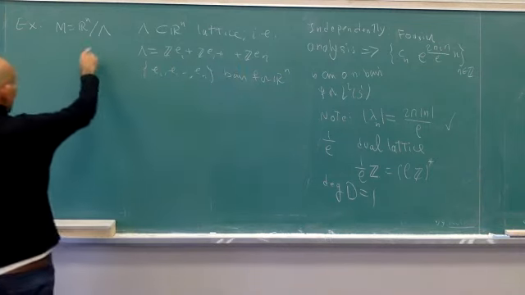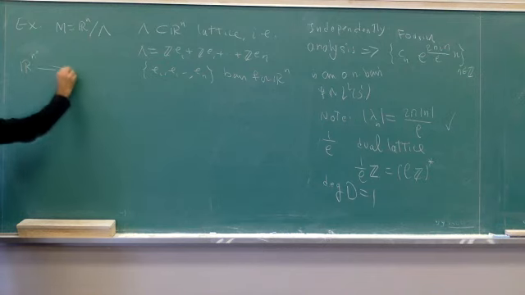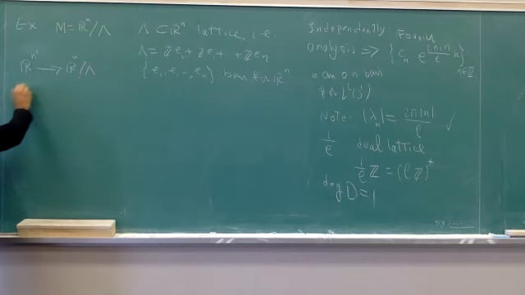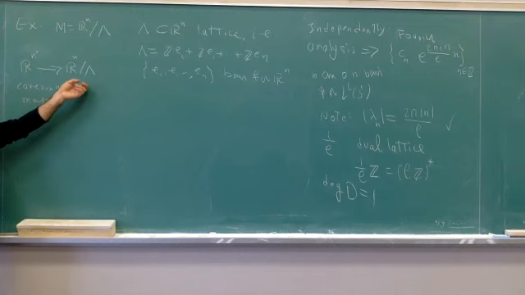Okay, so that's our manifold. There is of course Rn over lambda, so this is a covering map. So you can push forward the flat metric here to a metric on the quotient space.